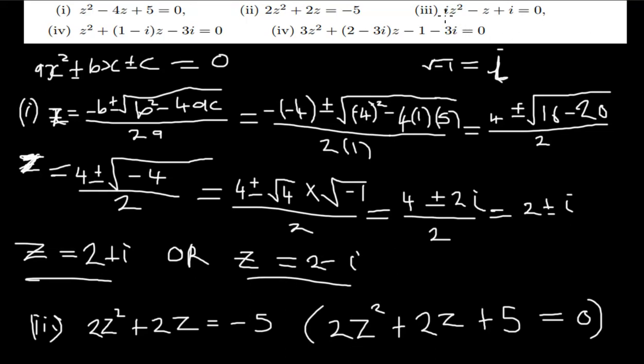So we move on to question 3. For question 3, that is iz squared minus z plus i.